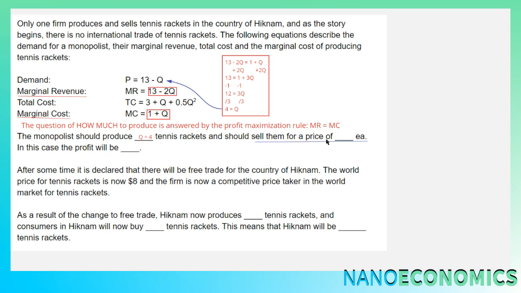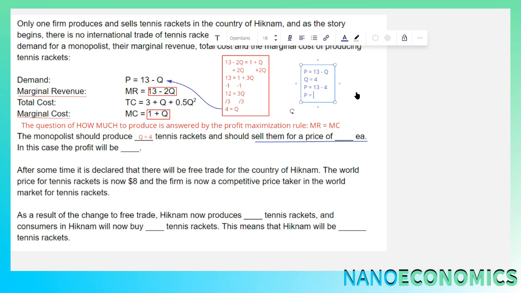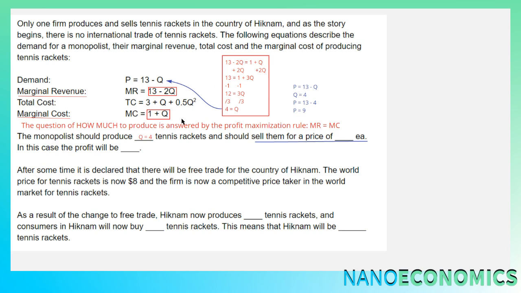So we get P equals 13 minus Q. Q equals 4, so P equals 13 minus 4. P equals 9. So it's just kind of as simple as that in terms of finding the price.